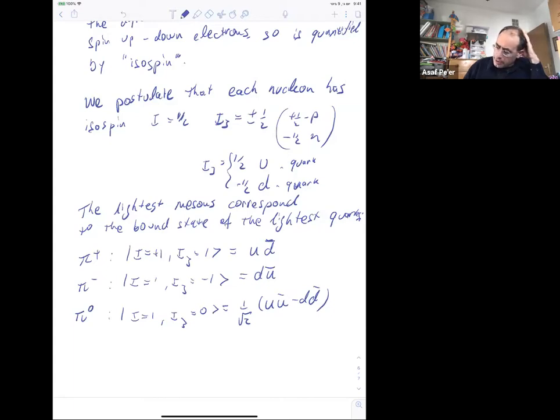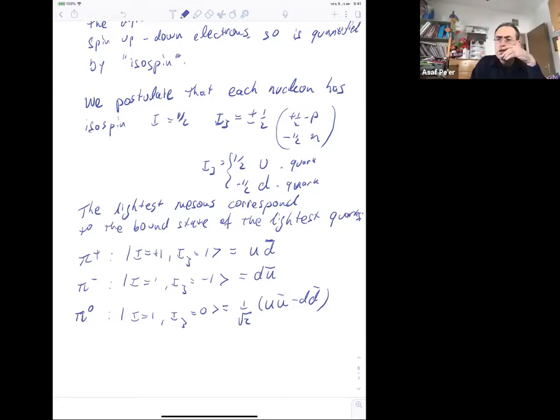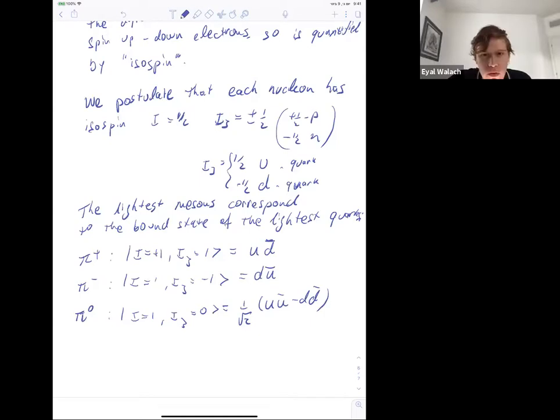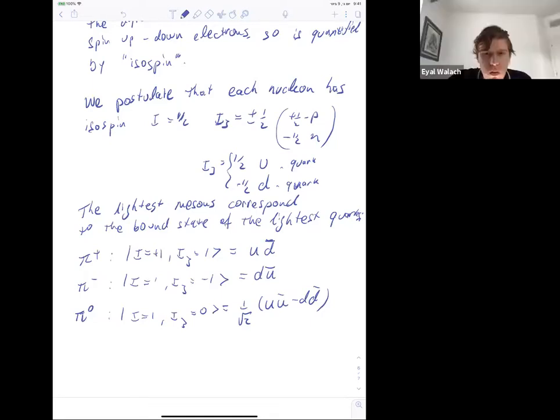The other comment, sorry? So may I ask a question? Yes. So you say that up and down have I3 of plus or minus 1/2. Yes. But they also carry I equals 1/2, like total isospin.